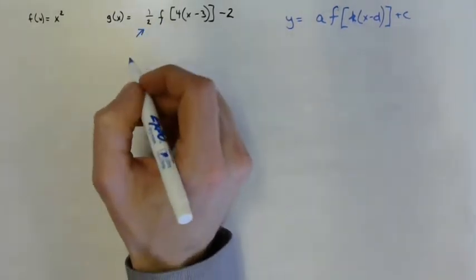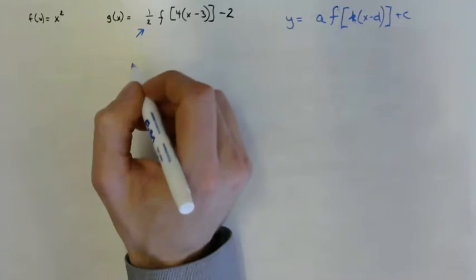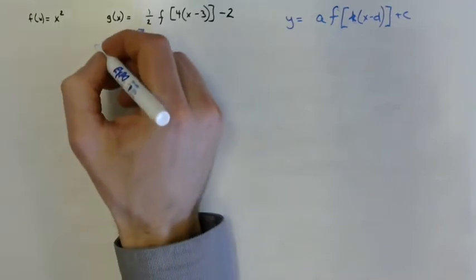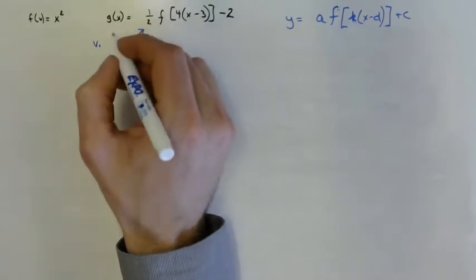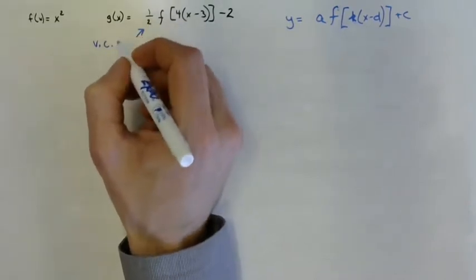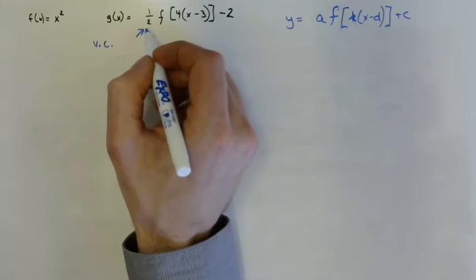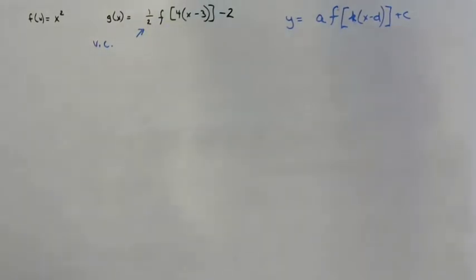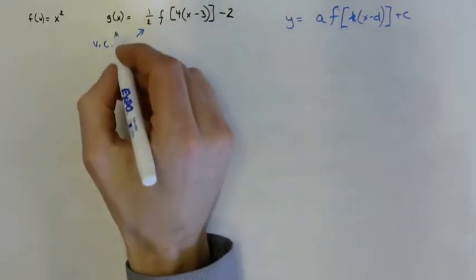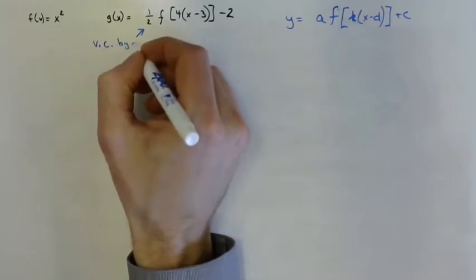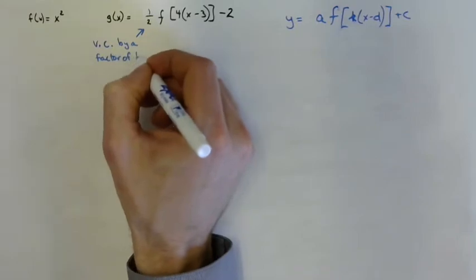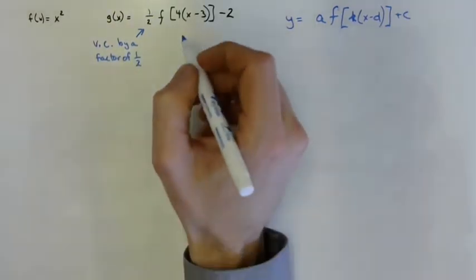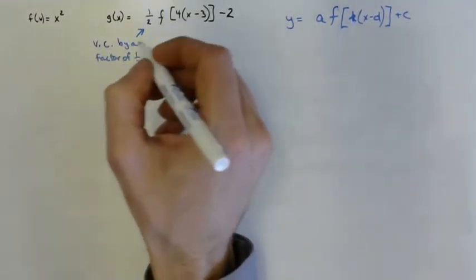What's this? Vertical stretch or compression, which one is it? It's in between 0 and 1, so it's a compression, and we're just going to use the factor that's there. Vertical compression by a factor of 1/2. What is this?